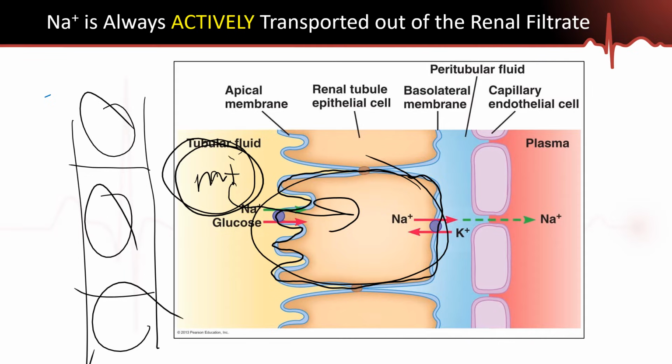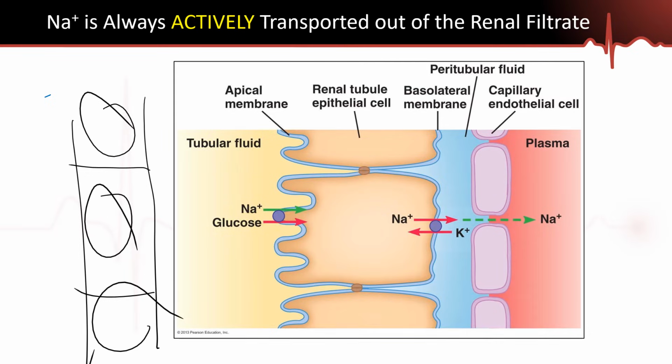So first things first, we would say that this is the apical membrane of the cuboidal epithelial cell. Why? Because the apical membrane is always the portion of the plasma membrane that faces the opening.